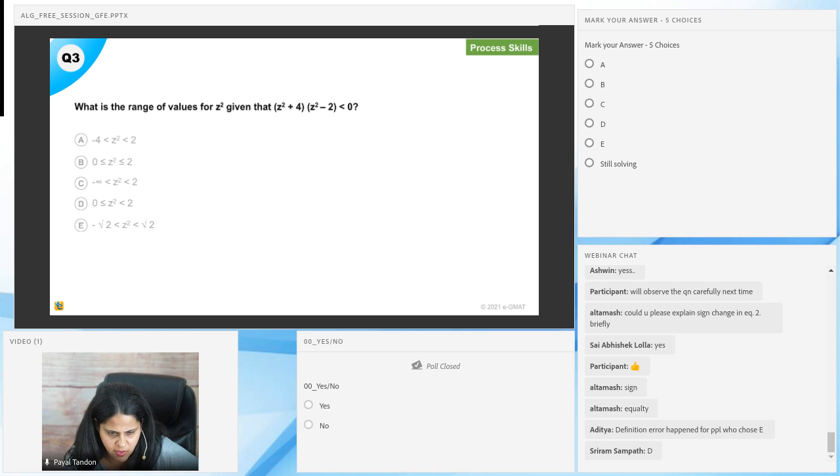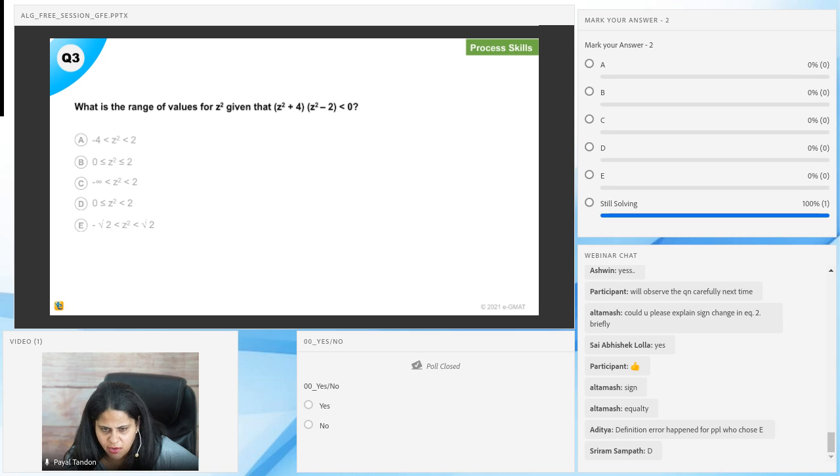And this is the next one. Click on still solving, please. Okay, and here is the next question.